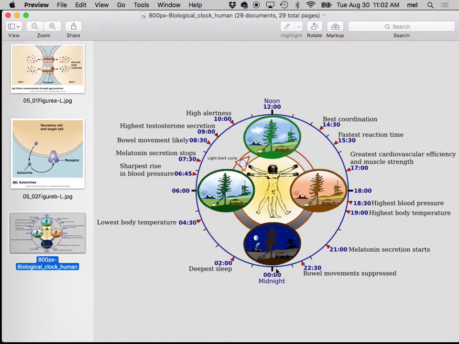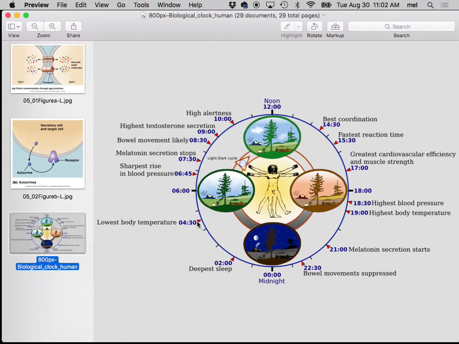Okay, so midnight is here. Your deepest sleep with this person's particular cycle is at about 2 a.m. And then the lowest body temperature is about 4:30, a lot of time to cool down the body. This person probably went to sleep right between here and here.